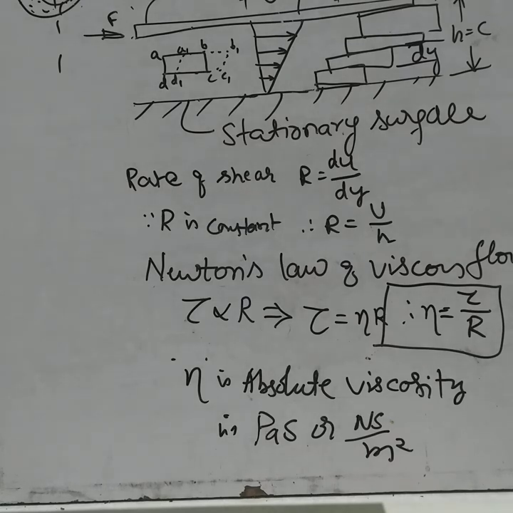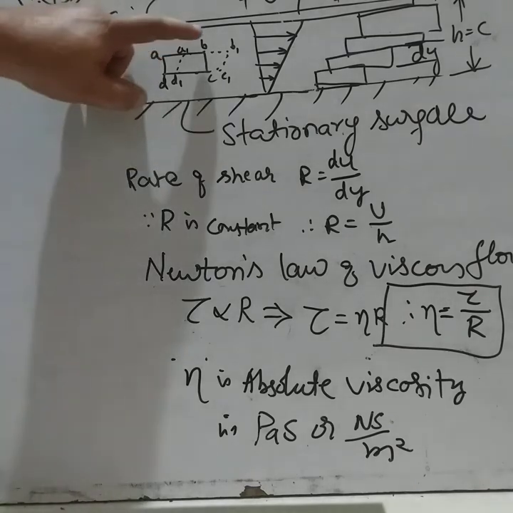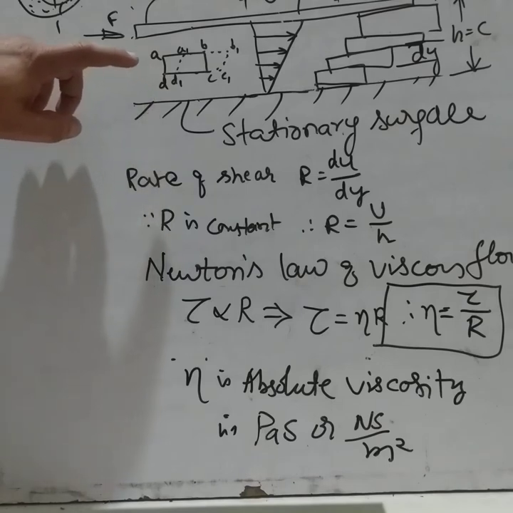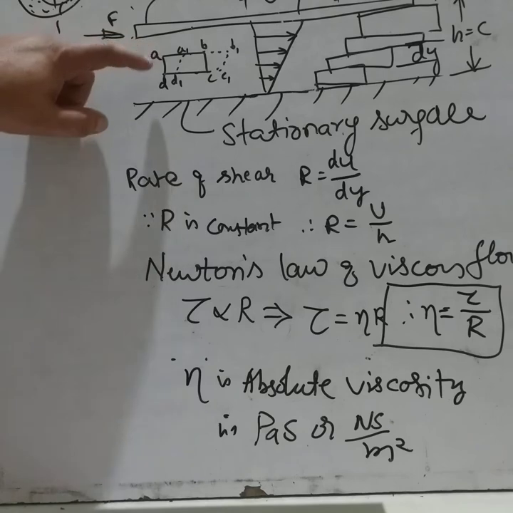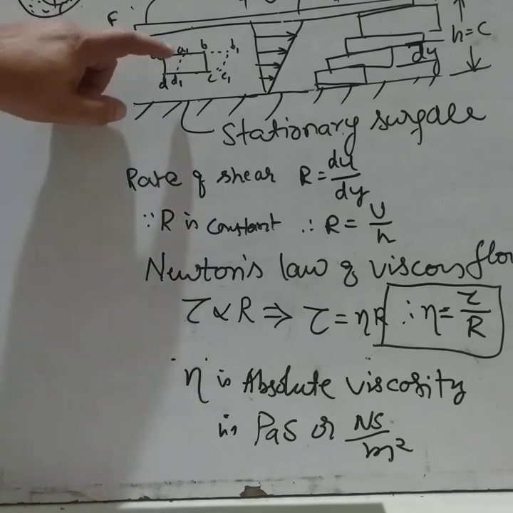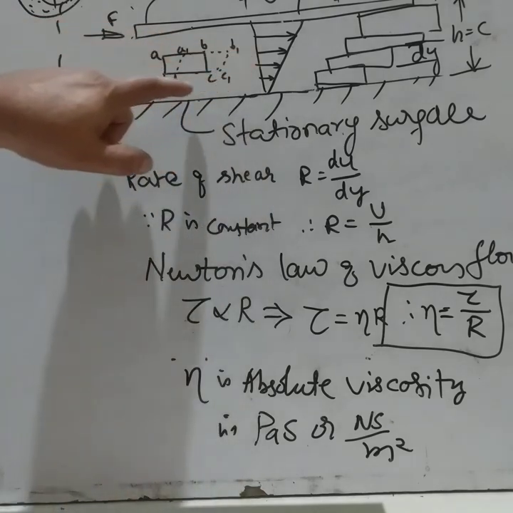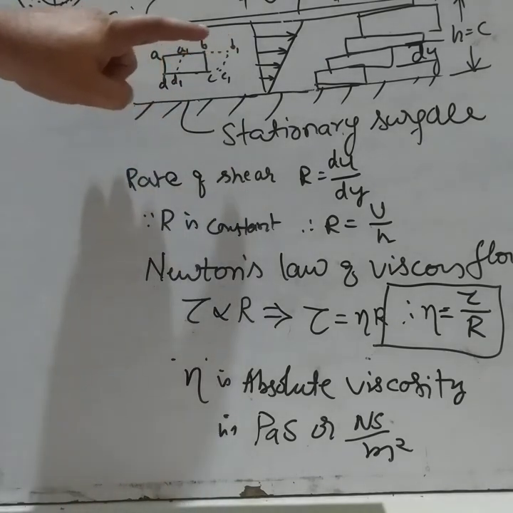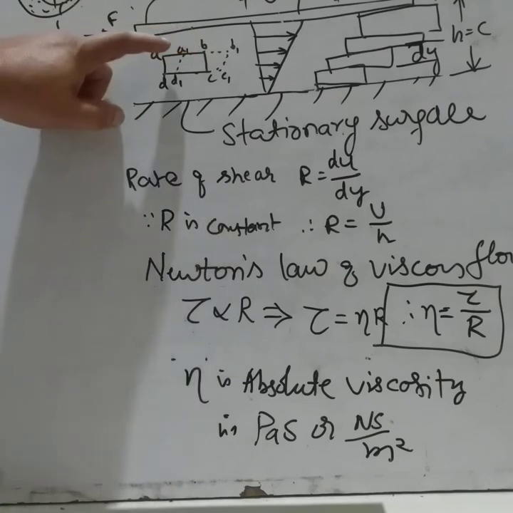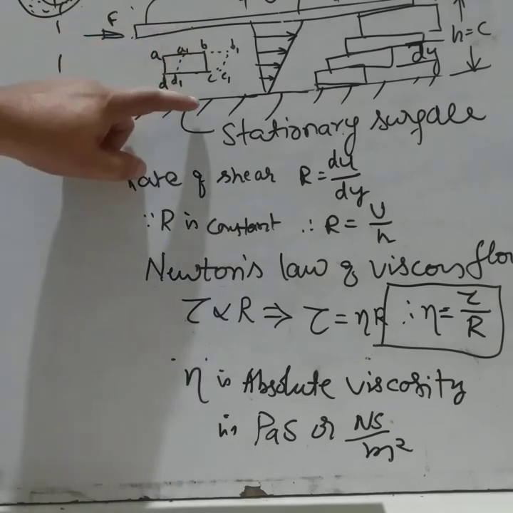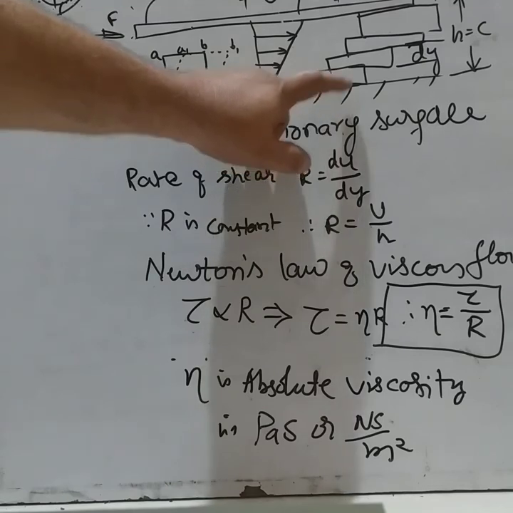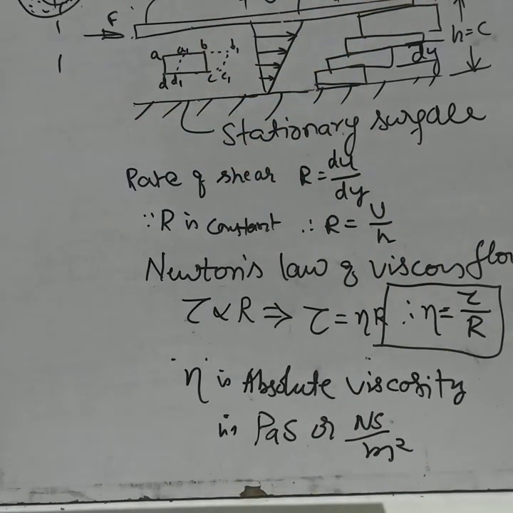Just consider a thin oil film, whose cross section is denoted by ABCD, which is a rectangle, and under laminar flow conditions, this film after some time will be displaced to A1, B1, C1 and D1. This displacement of each point of the element is proportional to the distance from the stationary surface, as depicted over here. So the more the distance from the stationary surface, the more is the shear it is subjected to.